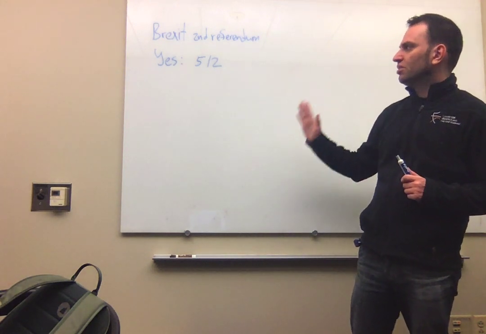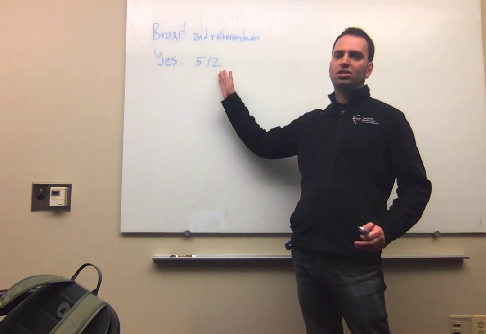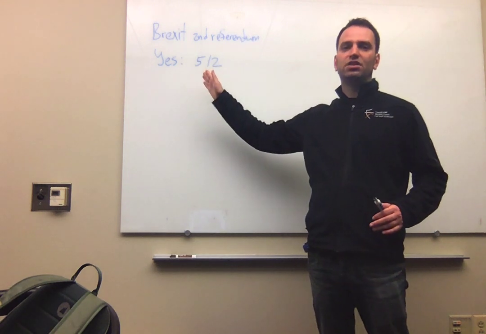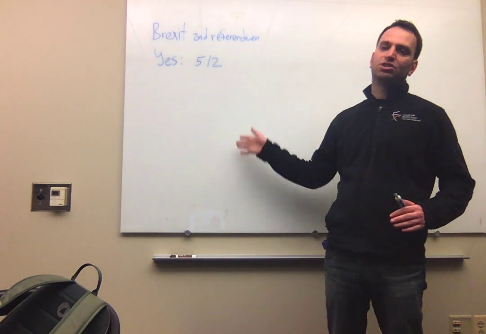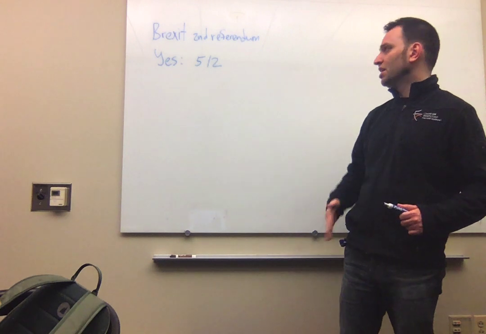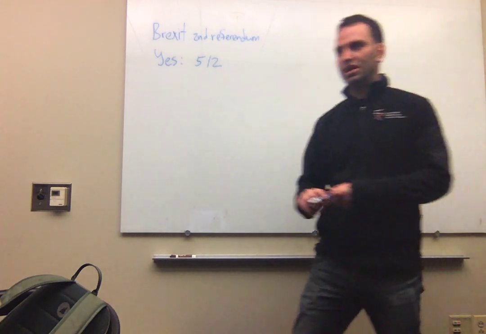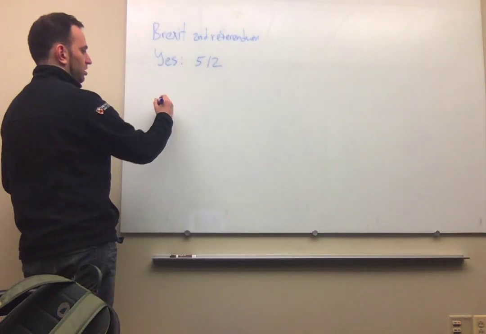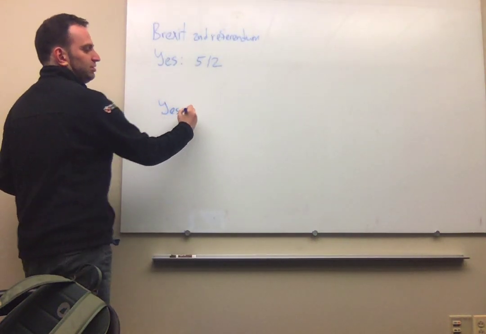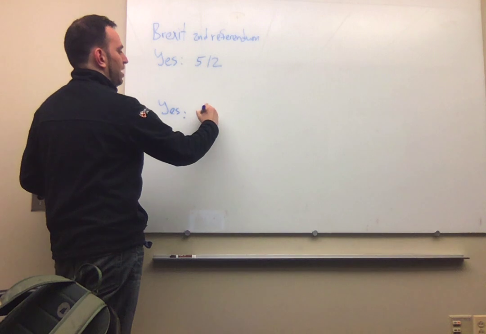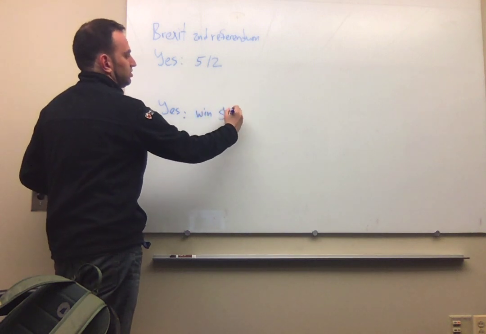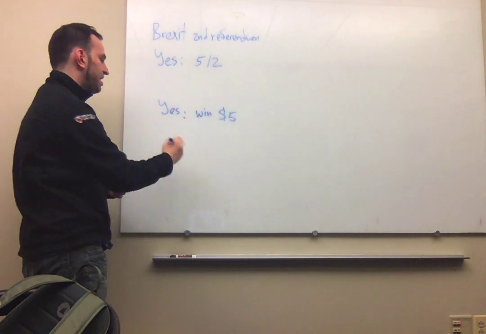So here's the deal. What I can do is pay $2, and if the referendum actually happens, I get my $2 back, and then I get an extra $5. If the referendum does not happen, then I just lose the $2 that I paid, right? So we can summarize it. Yes means that I win $5, get my $2 back, but I paid that.